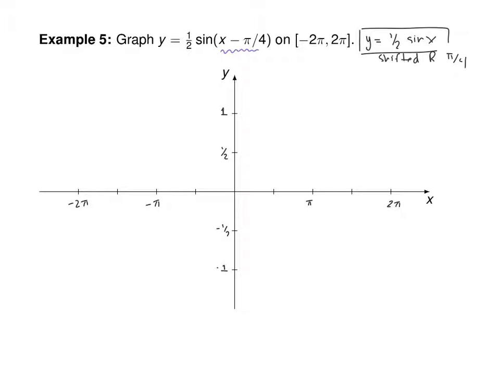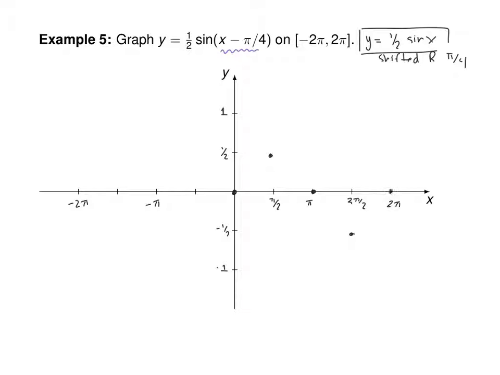So where would 1/2 sine of x start? We're at 0, 0. And by pi over 2, where's it go? Up to 1/2. By pi, you're down at 0 again. By 3 pi over 2, you're at minus 1/2.